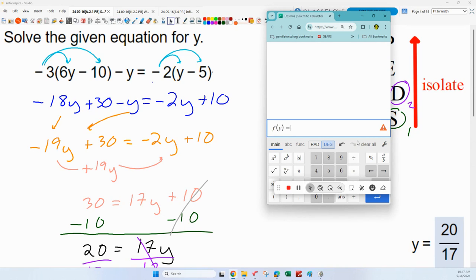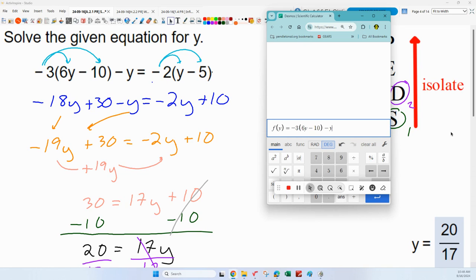So what part is it equal to then? Just all that stuff. Everything that's on the left side of the equal sign, whatever it is, that's f of y. And I'm just going to type it into Desmos exactly the way it started. So -3 times the quantity 6y minus 10 minus y. Everybody agree that's everything on the left side?